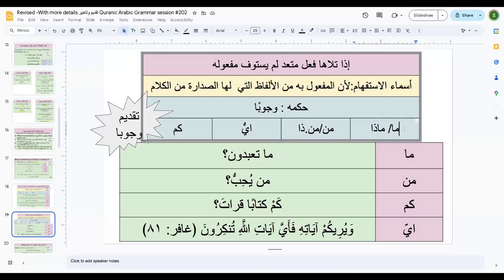If I ask you from the categories that I've shown you of asma'ul istifham, which category are these words from? Al-majmu'atul ula, al-majmu'atul thaniya, al-majmu'atul thalitha. So this is from the first and the third column. Your first and third column is going to be studied in taqdeemul maf'ul bihi.